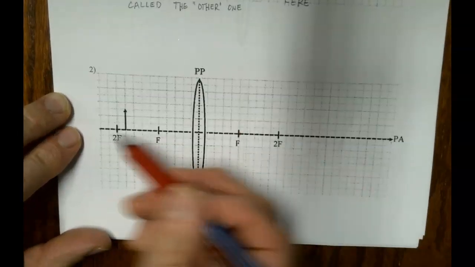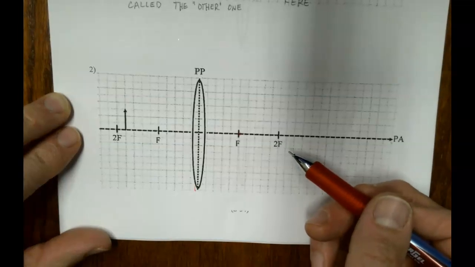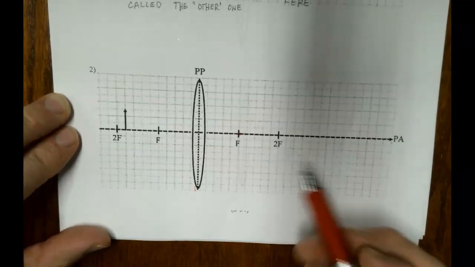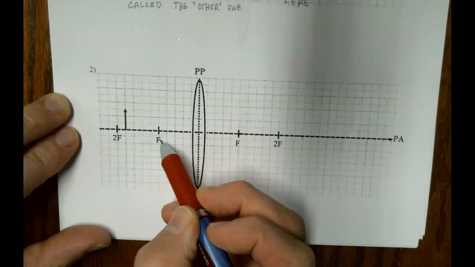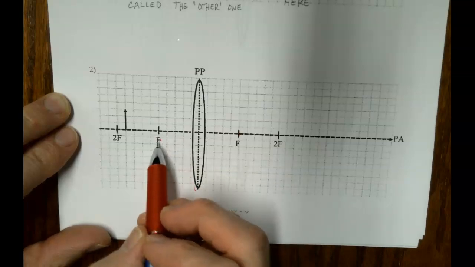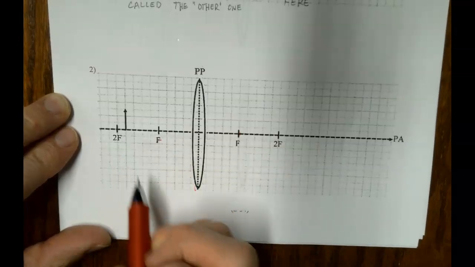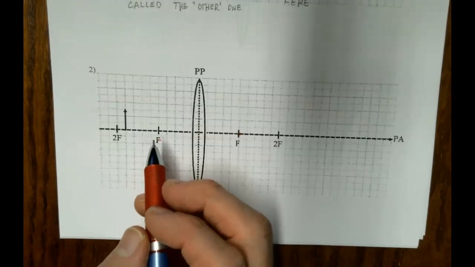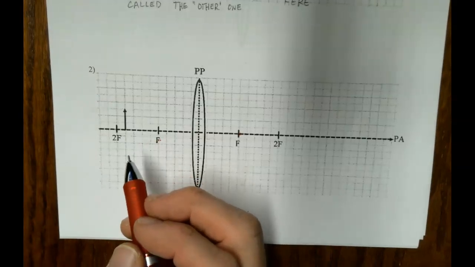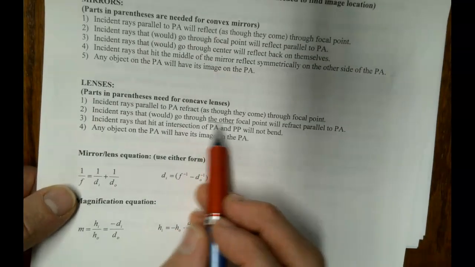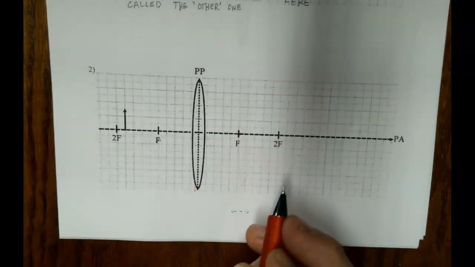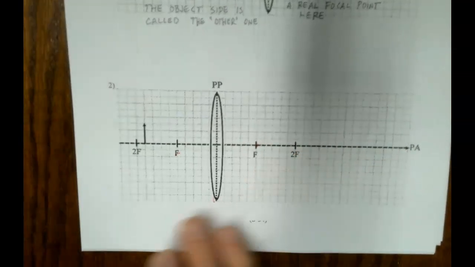But because lenses work in both directions, they're not like mirrors where only one side reflects, we have a focal point over here too. The one on this side, the same side as the object, is what I will refer to in the ray diagram rules as the other focal point. So you'll see here in rule number 2, it says the other focal point. And again, all of this is described up here in the figure as well. If you need to refer back to that, that might be helpful.